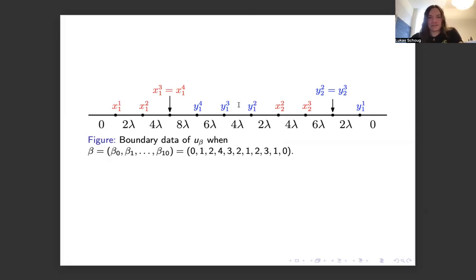So it can terminate in this point, for example, but it cannot terminate in this point. So the GFF naturally puts quite a bit of a restriction on where level lines can end, and this is also what limits the collection of link patterns for which we can construct these multiple SLE.